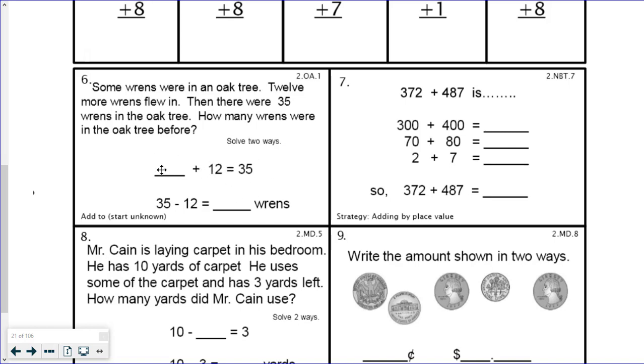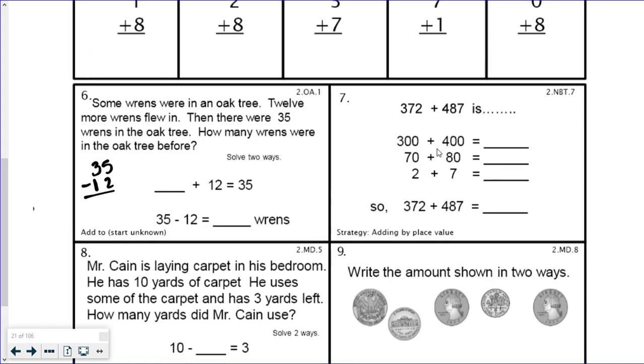So how many were there to start? To figure that out, we can find the difference between 12 and 35. So 35 minus 12 equals blank. So you're going to want to rewrite that problem, 35 minus 12, off in some of your blank space. And you're going to want to solve it to figure out the answer for both of these blanks. Pause your video, do number 6.